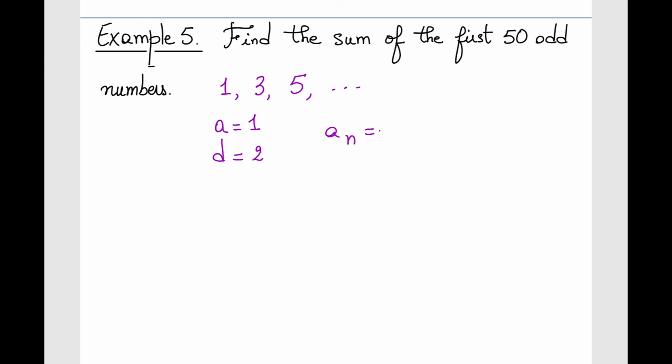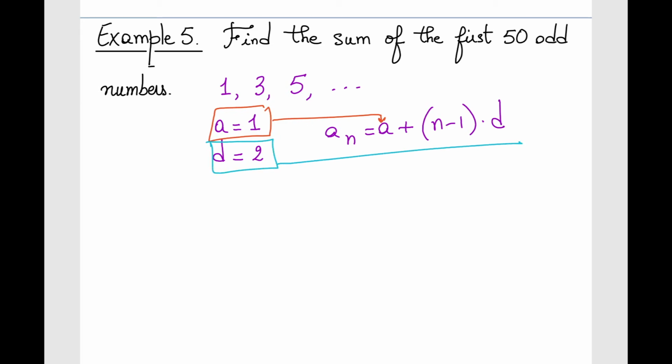So an is going to be a plus n minus 1 times d, where in this context I know what a is and I know what d is, right? I know that a is 1 and I know that d is 2. Correct? So what's a 50? They want the sum of the first 50 odd numbers.